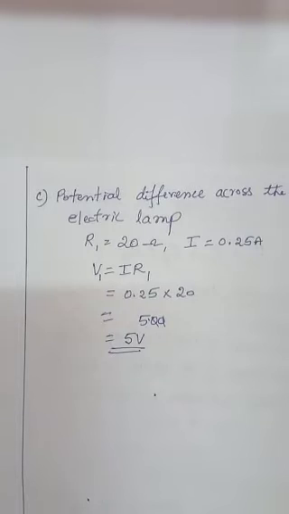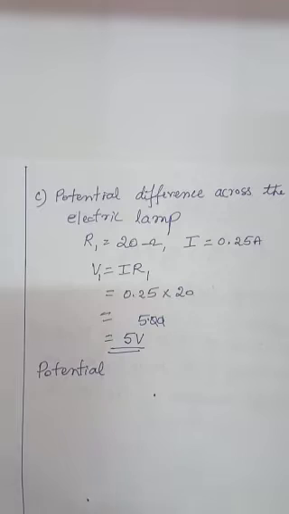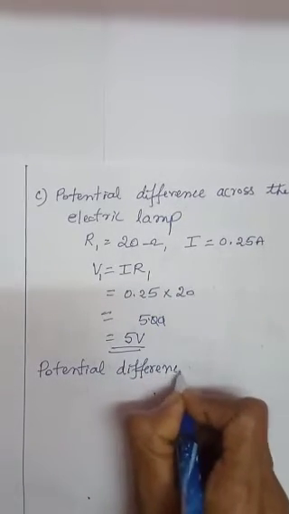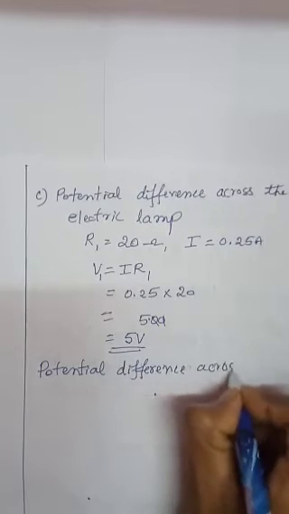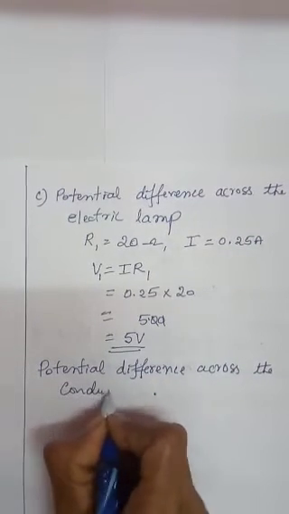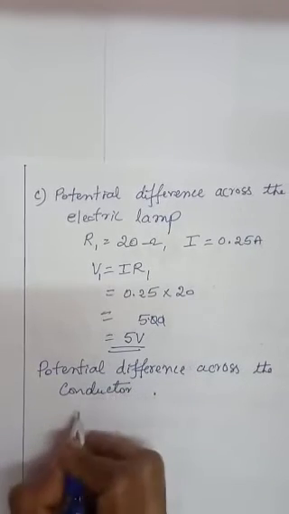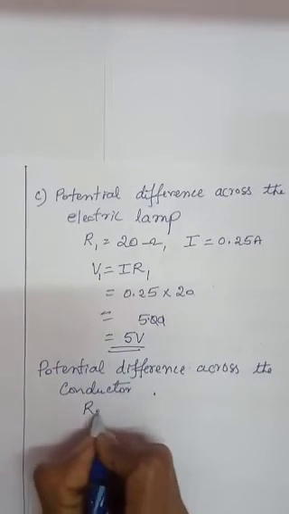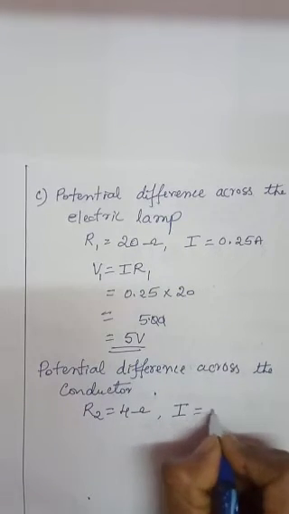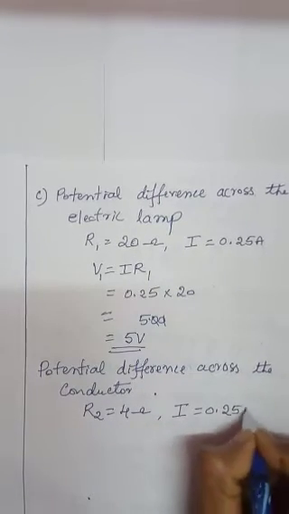Now calculate the potential difference across the conductor. The resistance of the conductor is 4 ohm. R2 is equal to 4 ohm. The current through the circuit is 0.25 ampere.